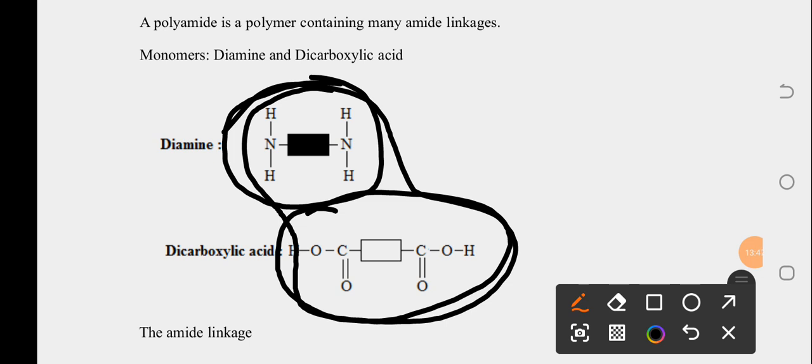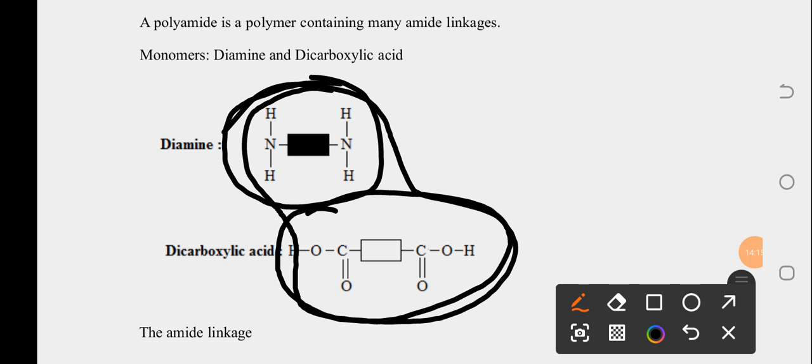So when we are talking about condensation polymers, the process which results in their formation is called condensation polymerization. And remember, we said that during this process, of course, the polymer is formed, but there is also the elimination of what? Of the water molecule.